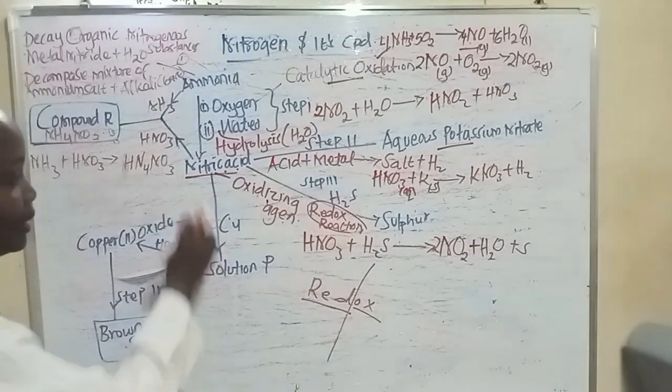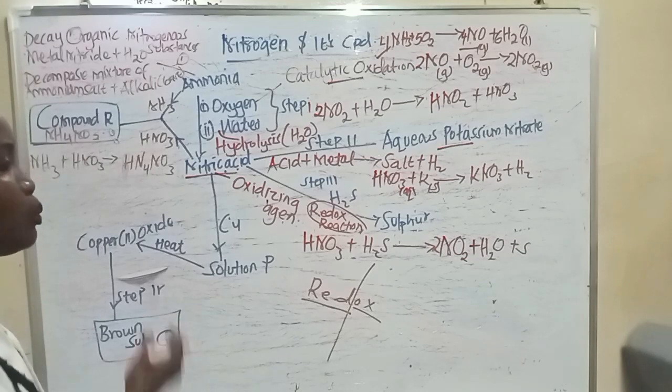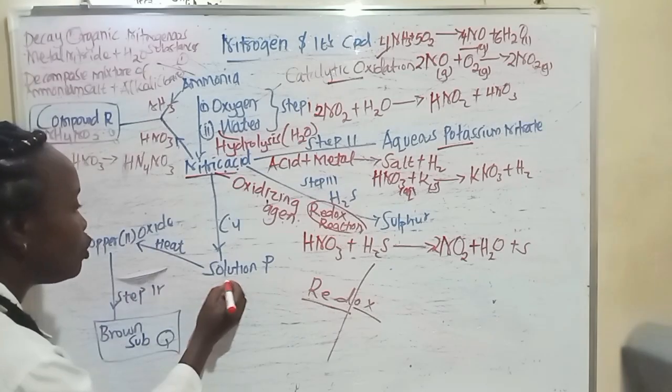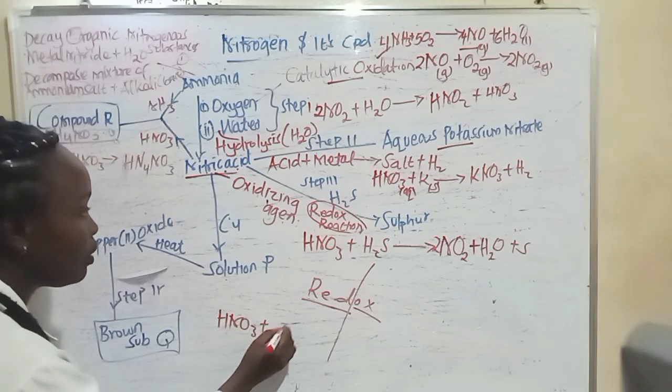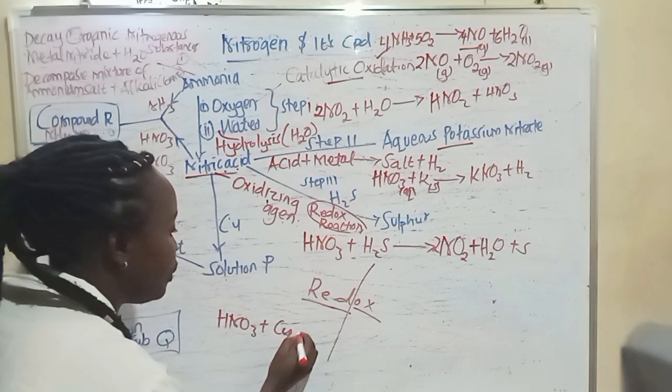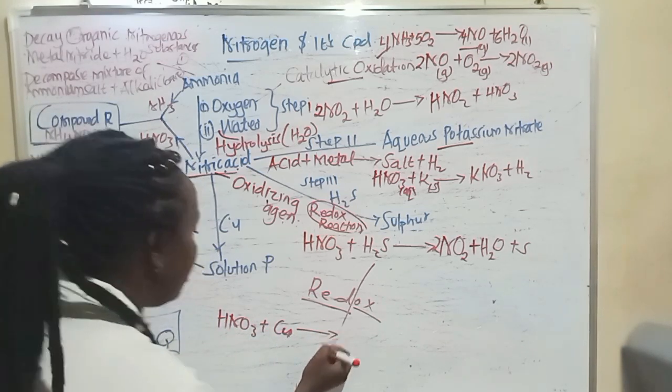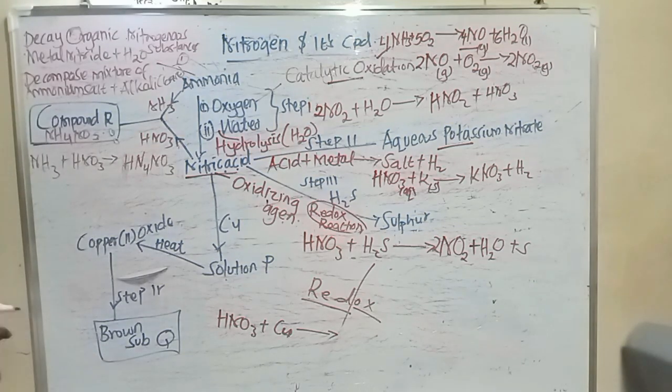Now here it is nitric acid with a metal, again a reaction between acid and metal. This solution P is formed from the reaction between nitric acid and copper. When they react, you're going to form copper 2 nitrate.